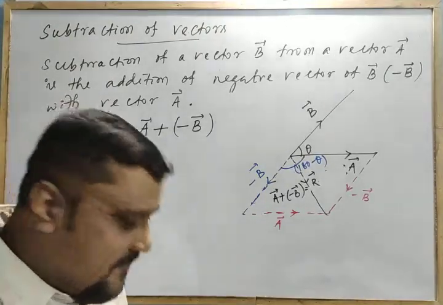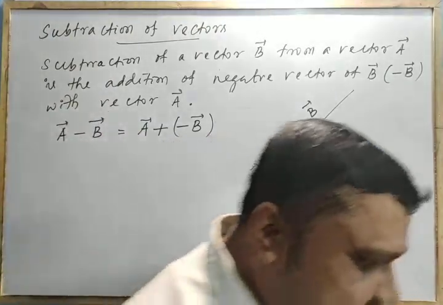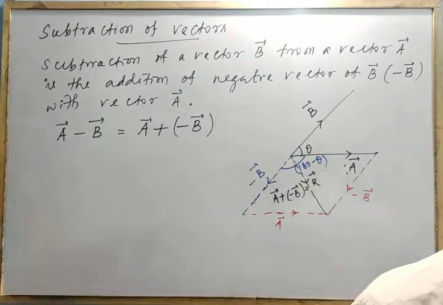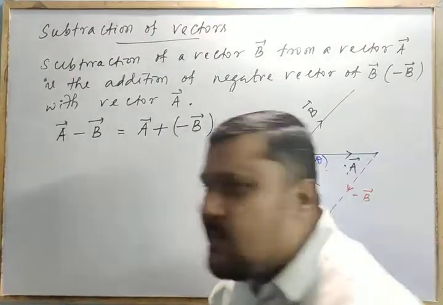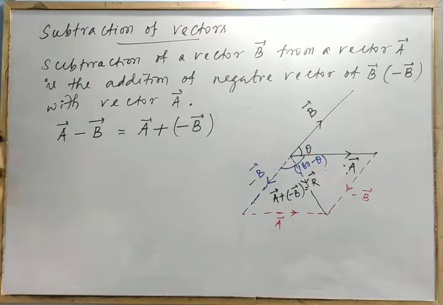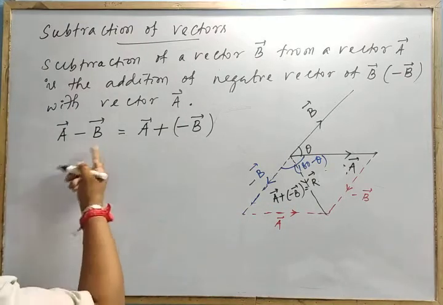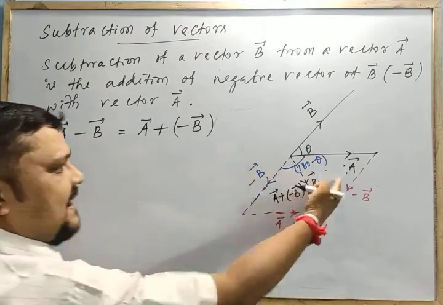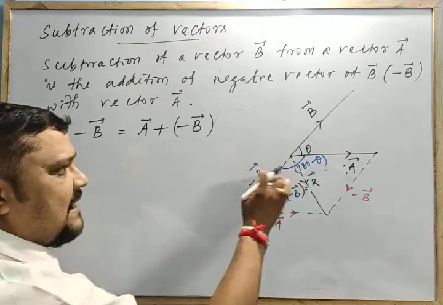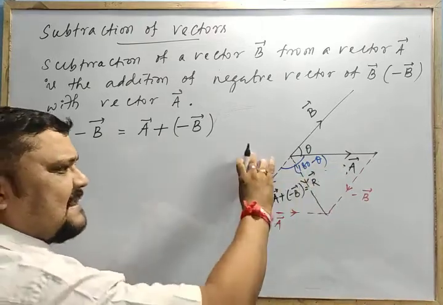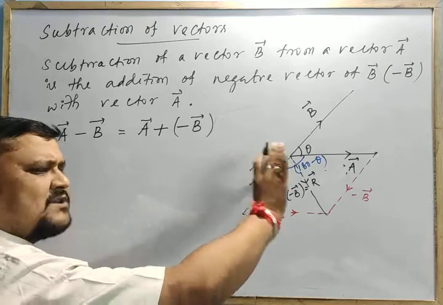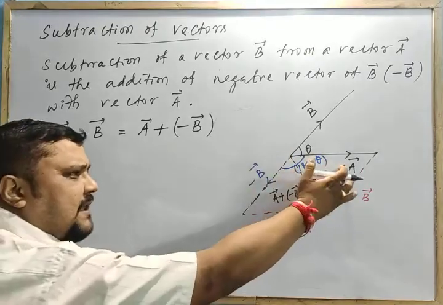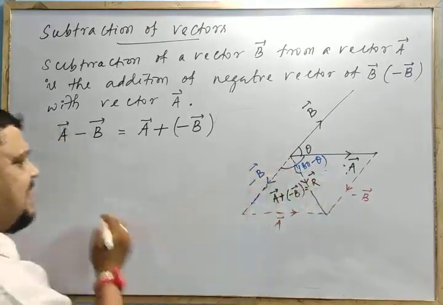That is the difference in subtraction. If this is the difference in subtraction, then what will we do now? To know the resultant, as you know, the resultant of A vector and B vector is R. Minus B is for the direction part. So what is the magnitude of R?